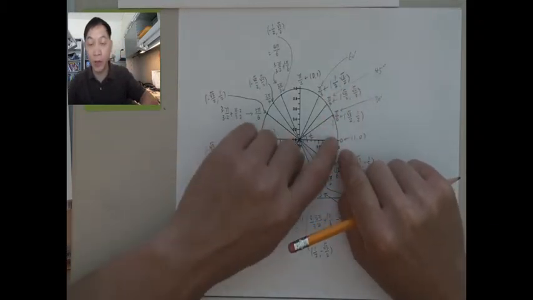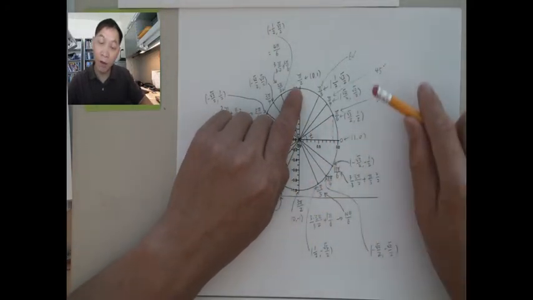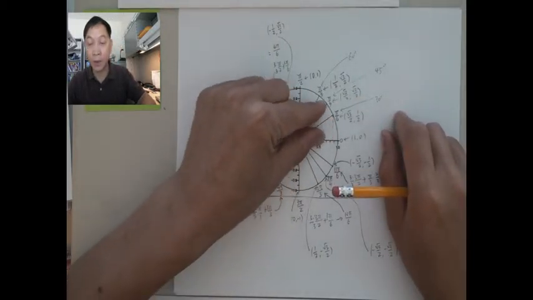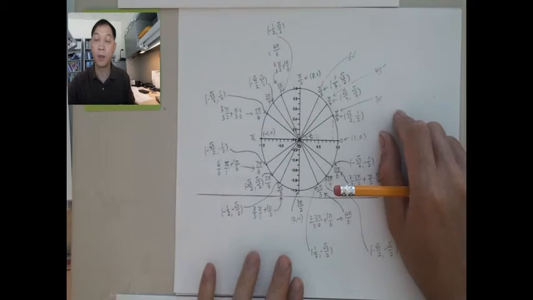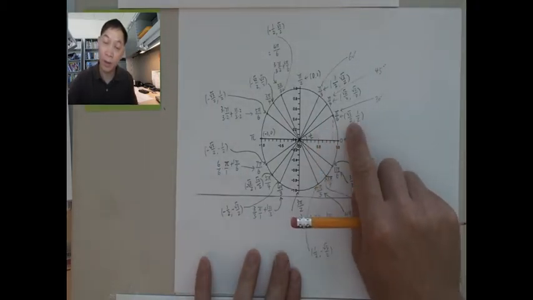So with this point, it's getting closer to pi/2. Your y gets bigger and bigger. You see y gets longer and longer. But x gets smaller and smaller. X was that. And then, you know, radical 3/2 is 0.7 something. Okay? Right?